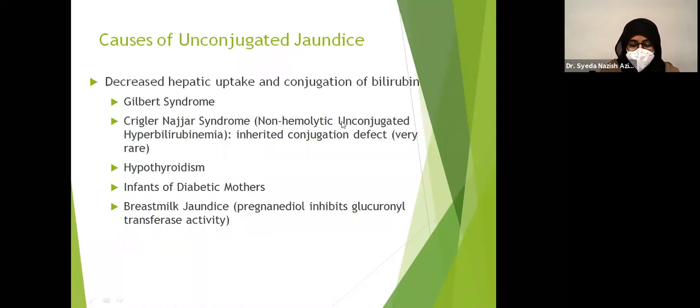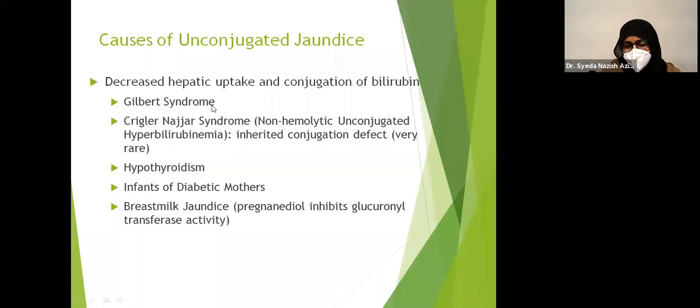Either it is completely absent or it has impaired function. The enzyme in the first step of that conversion is missing in Gilbert syndrome, and the enzyme that is involved in the second step of the conversion is missing or impaired in function in the Crigler-Najjar syndrome.